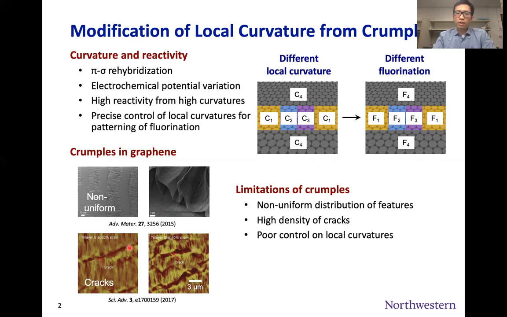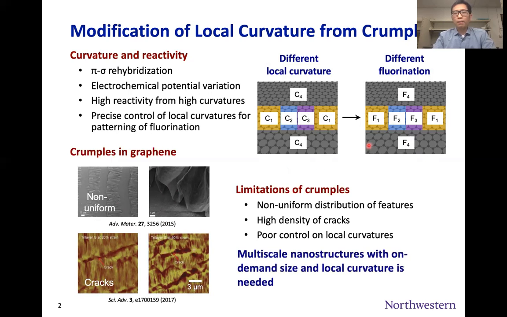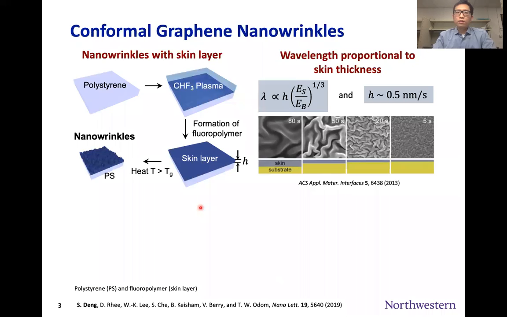So in order to achieve this, what we need is a method to introduce multi-scale nanostructures with on-demand size and controlled local curvatures. A few years ago, we found that if we treat substrates like polystyrene with CHF3 plasma, instead of etching the substrate surface, we form a rather thin fluoropolymer on the surface.